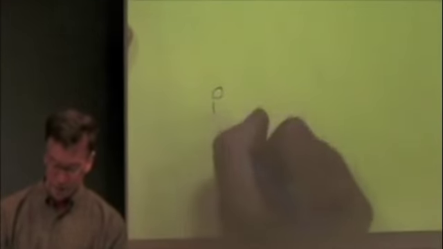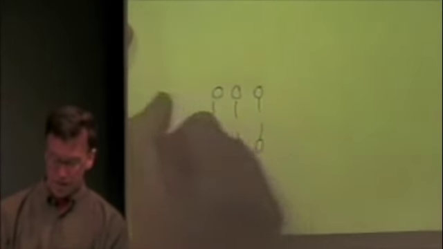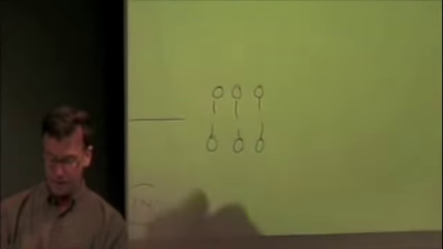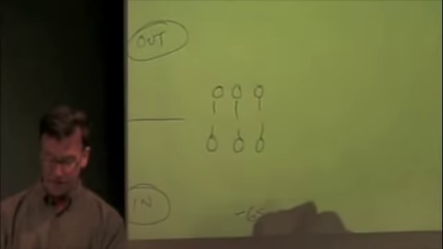And I want to also go over some mechanisms by which this could occur. So if we have our typical neuron, with our phospholipid bilayer, and we have our inside and our outside, and at rest, it's minus 65 millivolts.